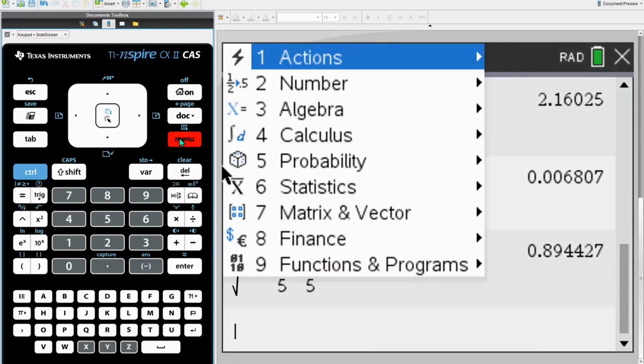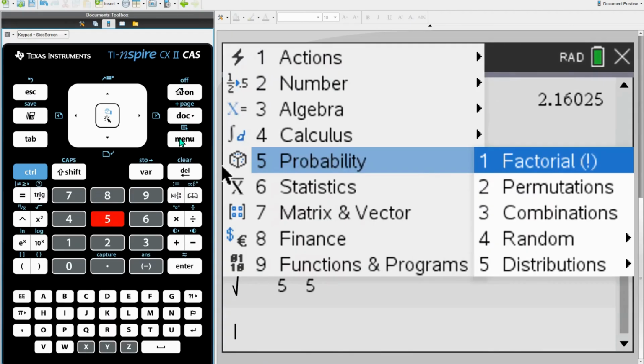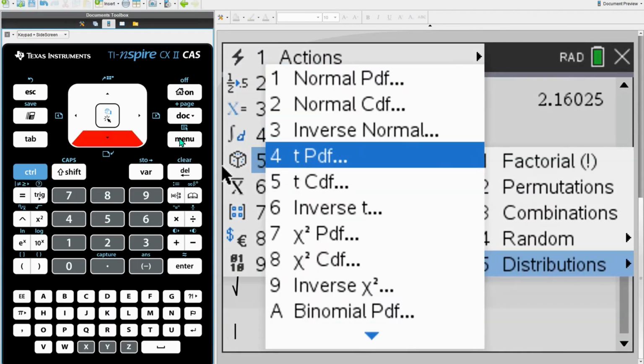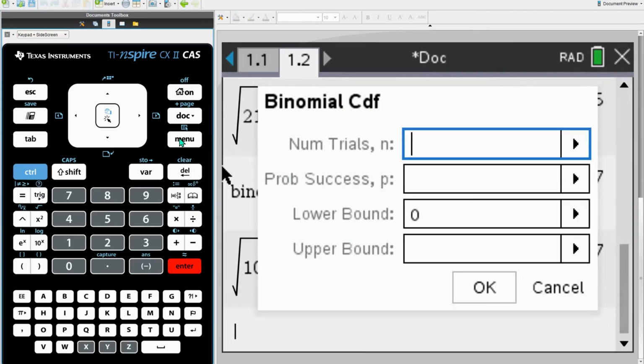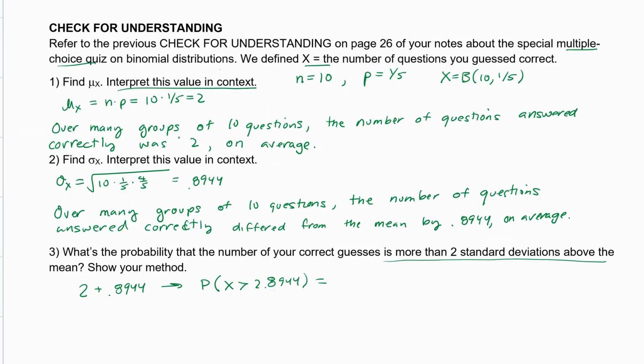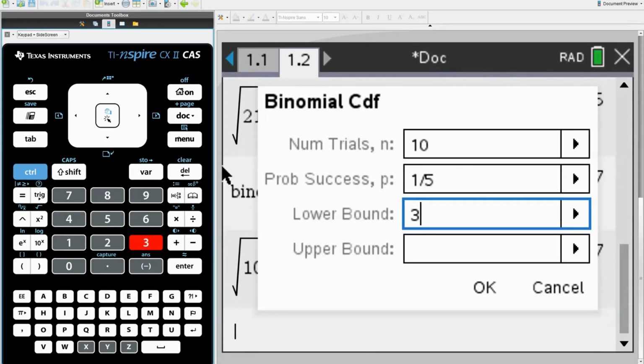Menu, probability, distributions, and again, we're going to want the binomial CDF, 10 trials, 1/5 chance of success in each trial, lower bound. Well, we need to be bigger than 2.89. So I guess my lower bound is 3 and my upper bound is 10.